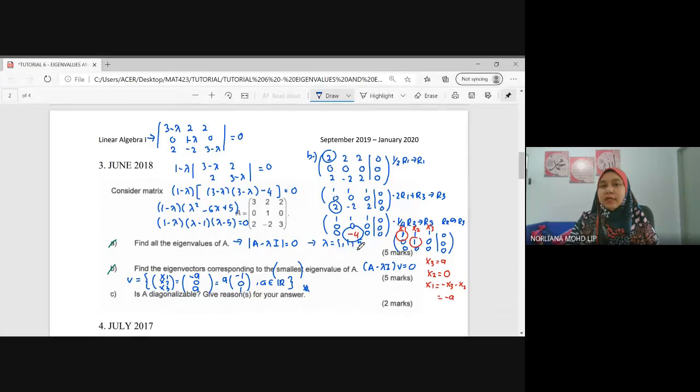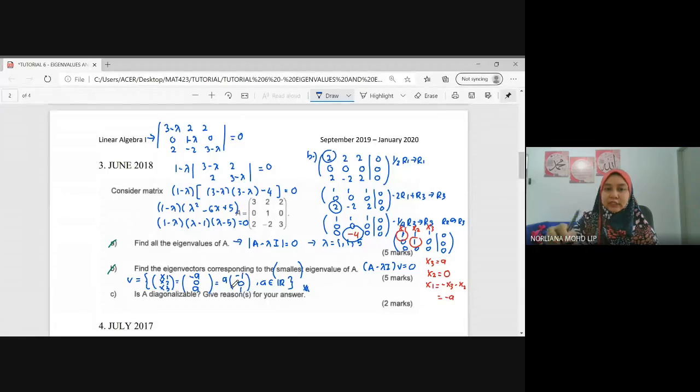3 eigenvalues, but kat sini, distinct eigenvalues, dia refer kepada kat sini awak ada 2 je, 2 types of eigenvalue, eigenvalue for 1 and eigenvalue for lambda equal to 5. So ada 2 je lah.